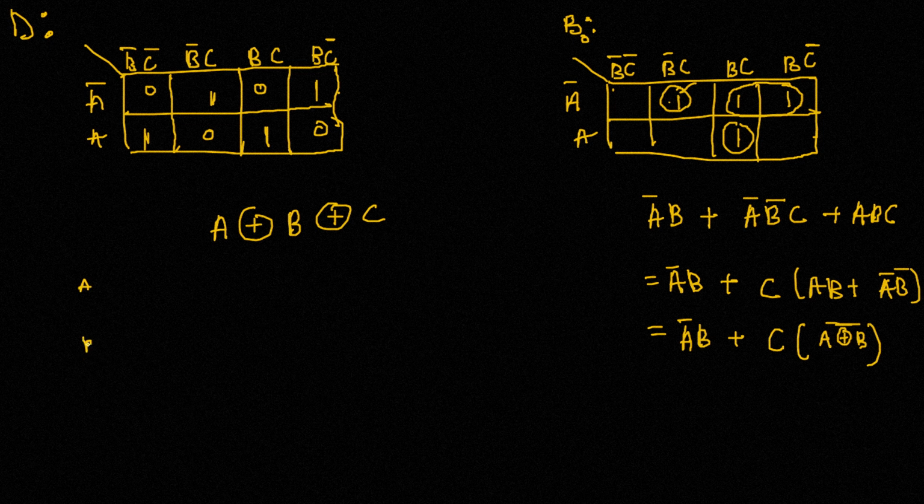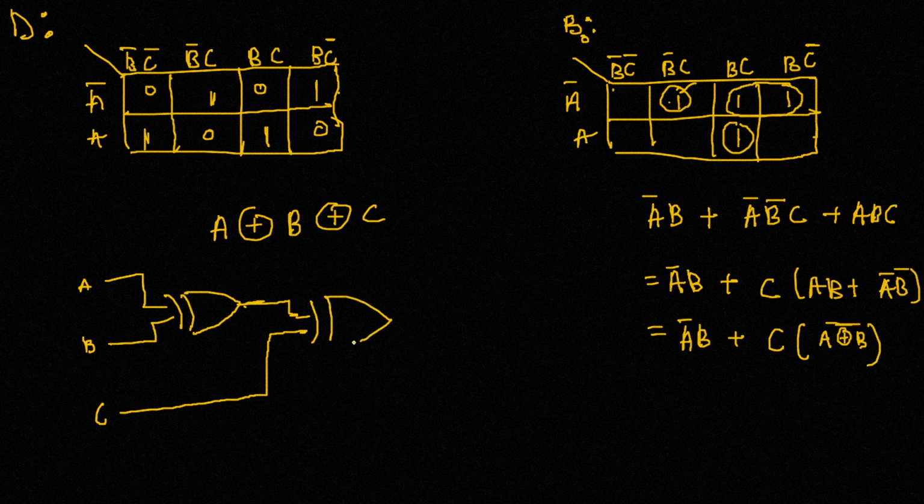So now let's represent them using logic diagrams. So for difference, you have A and B that pass through an XOR gate, and the output from this XOR gate is taken along with C into the second XOR gate. That gives us the difference.